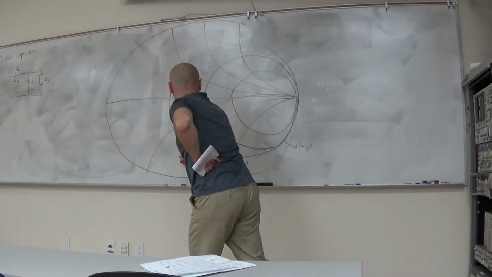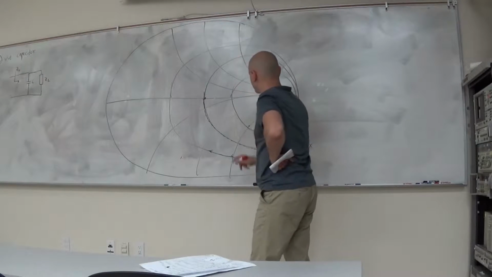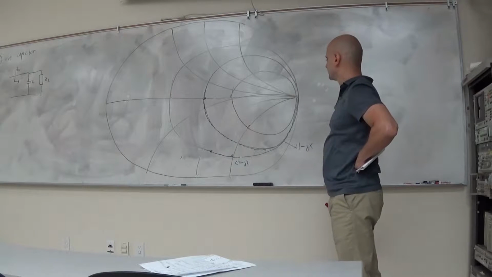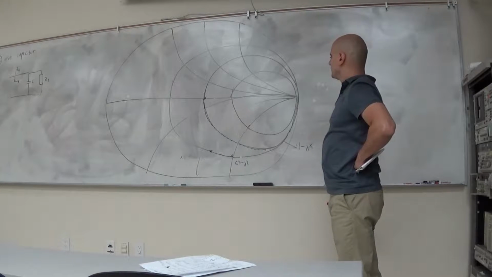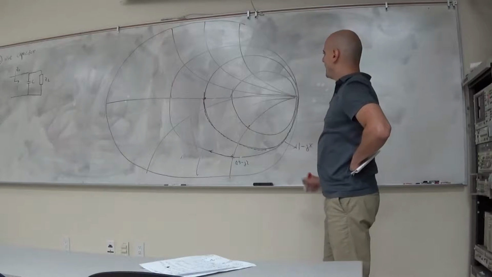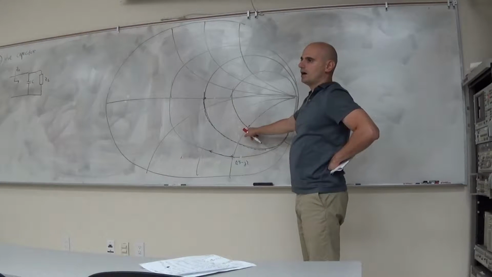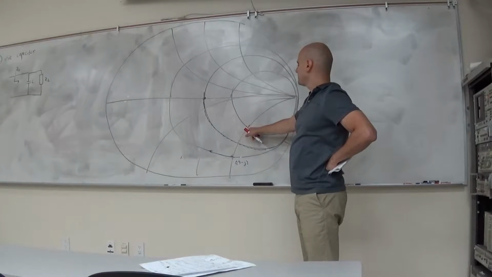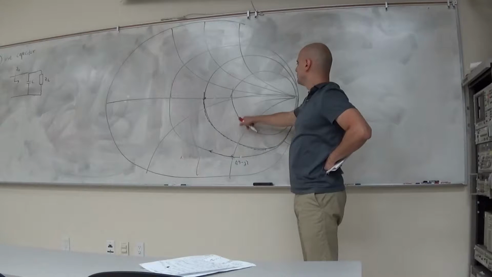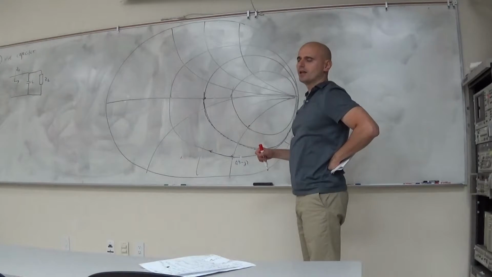Let me just pick a real thing here. Let's say I'm here, this is my YL. If I'm adding a j omega c, an admittance to it, which way is this going to move on the Smith chart, on the Y chart?